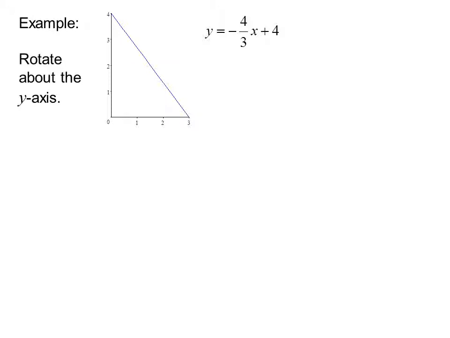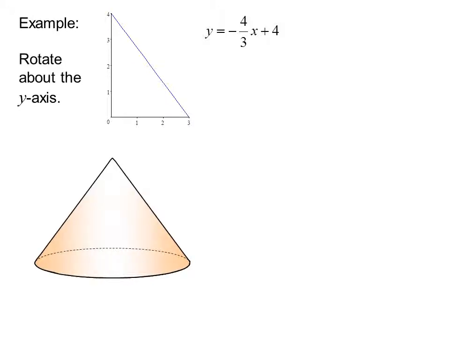Rotate about the y-axis. The equation of the line is y equals negative 4/3 x plus 4. When we rotate about the y-axis, we get a cone.